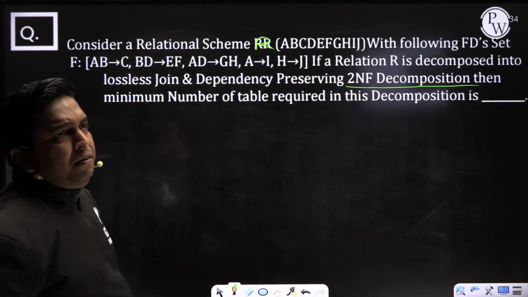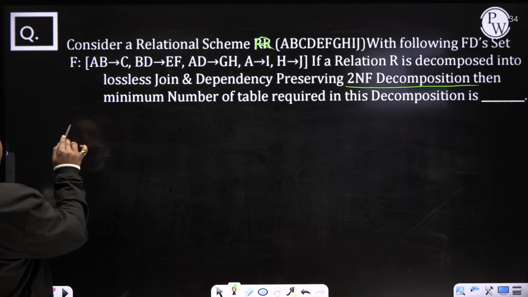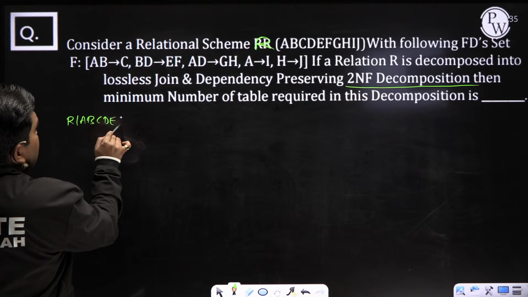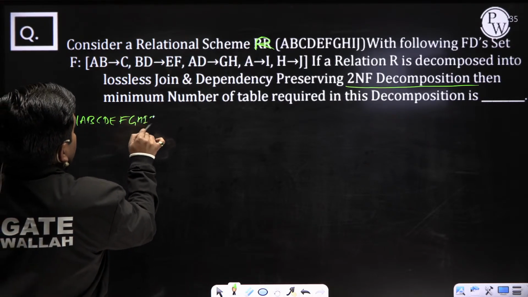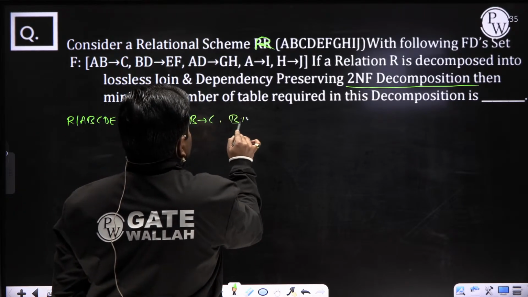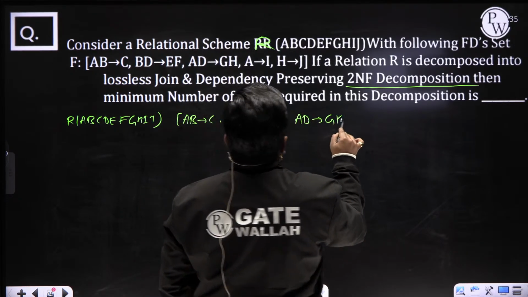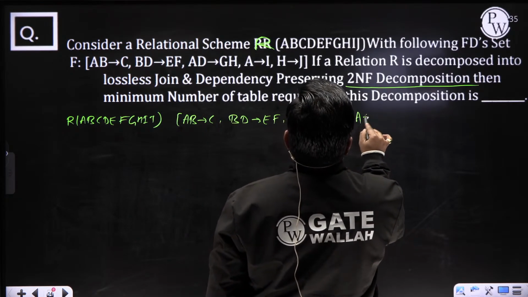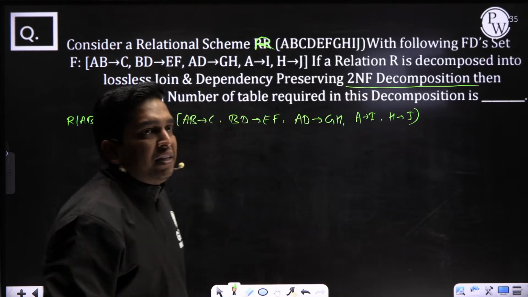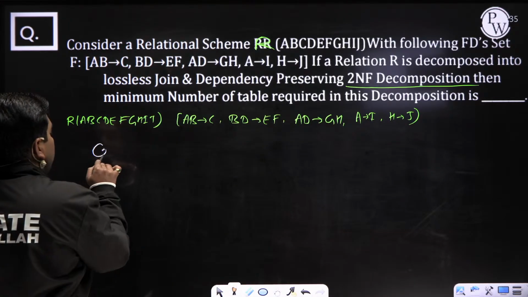What is the candidate key, my dear students? A, B, C, D, E, F, G, H, I, J. AB tends to C. BD tends to EF. AD tends to GH. A tends to I. H tends to J. What is the candidate key? Wrong, beta, wrong.